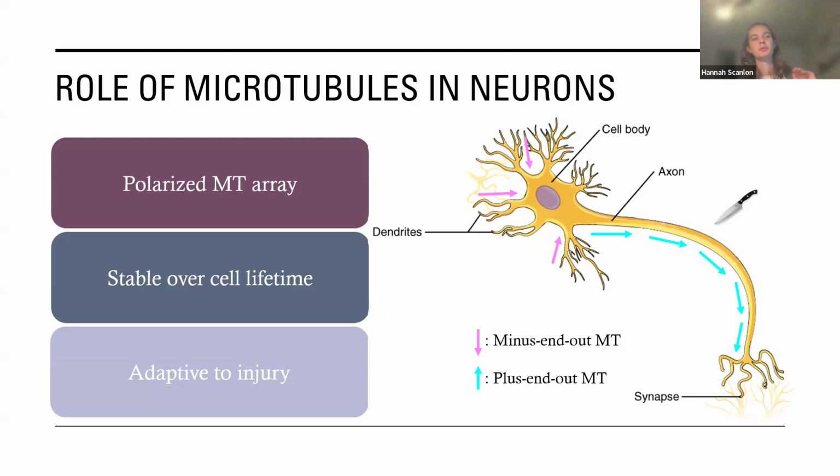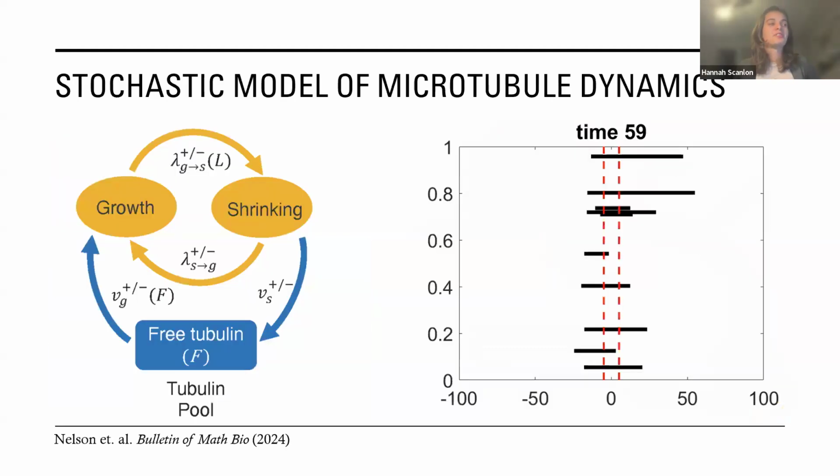So my work uses a previously developed model of microtubule dynamics and applies mechanisms that have been identified biologically, to get at these characteristics of microtubules that we see in cells and identify what mechanisms characterize these behaviors. To start, I'll introduce the model we use for microtubule dynamics. This is probably the most mathematical piece you'll see in this talk.